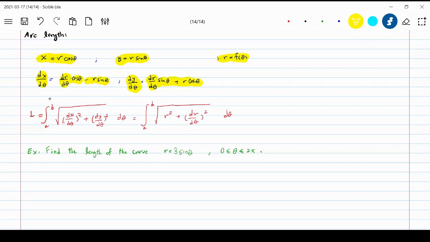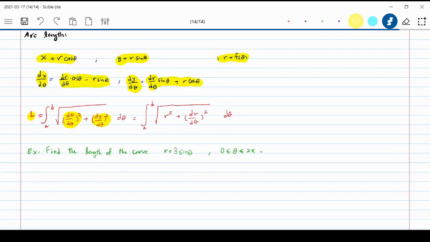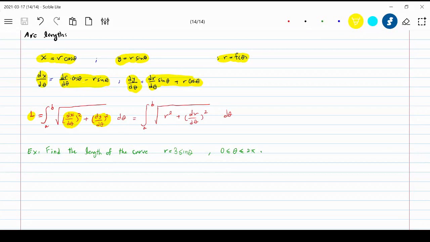Now if you remember, to calculate arc length, what you need to do is find dx over dt squared and dy over dt squared, add those parametric derivatives together, take a square root, and integrate. So in this case, dx over d theta is simply this term, and dy over d theta is this term.